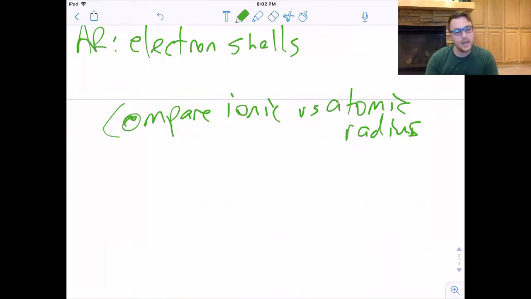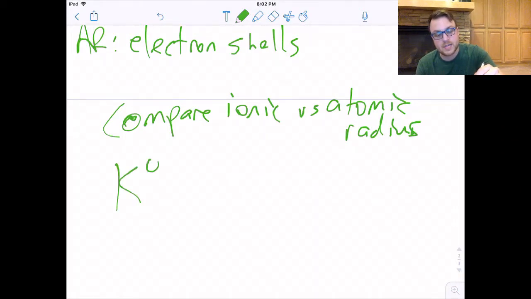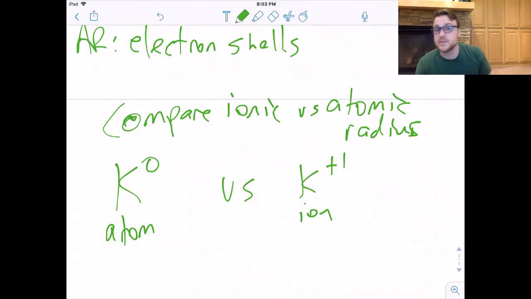So if you're talking about a metal, let's say, and I've seen this one so many times, potassium. So potassium as an atom versus potassium as a charged ion. So potassium as an atom is 2,8,8,1. Versus potassium as an ion, its charge is +1.